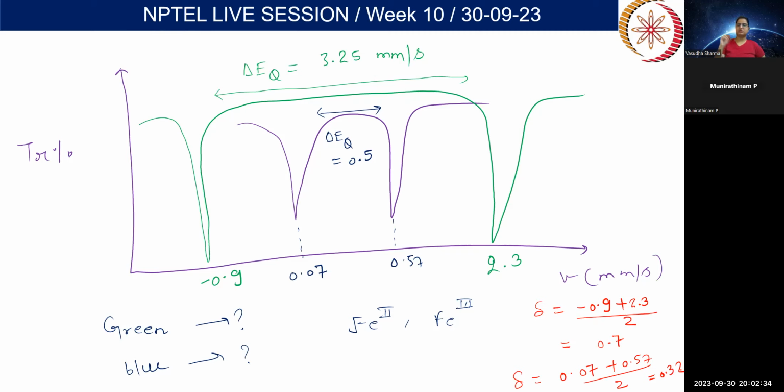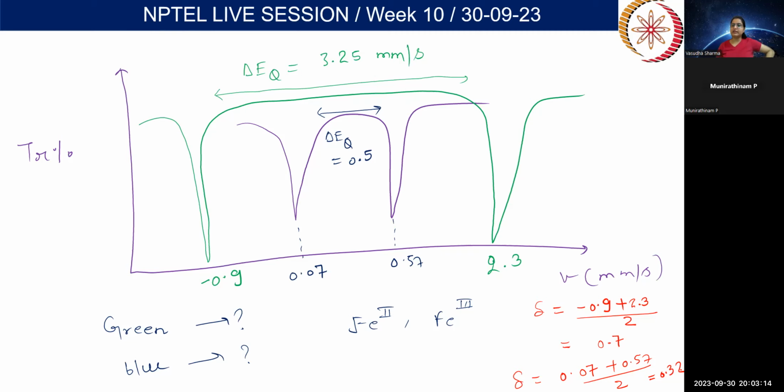Now tell me, which one is iron 3 and which one is iron 2? Think about it again. Just think about Fe plus 2, Fe plus 3.